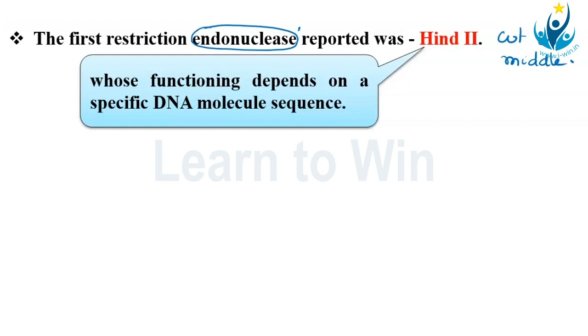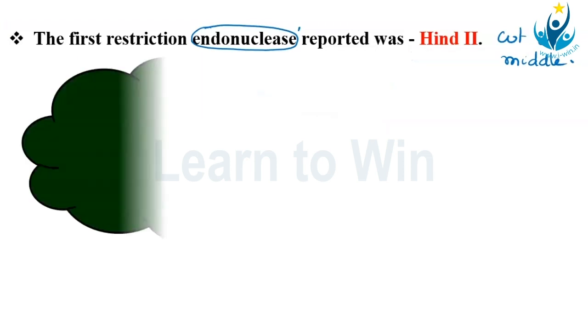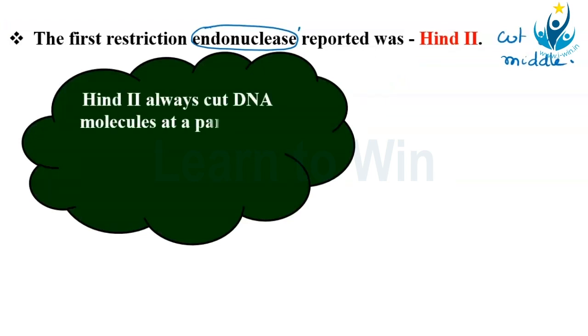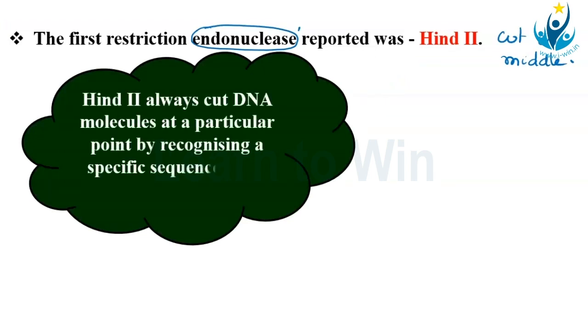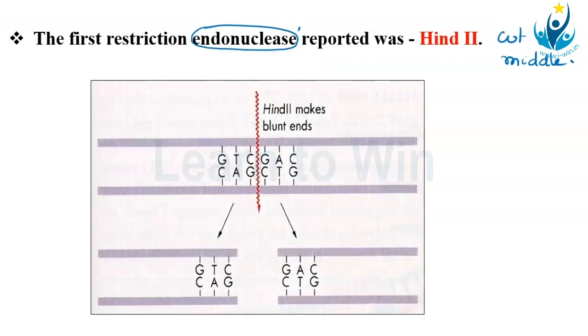And the first one isolated was Hind2. Now, this Hind2 always cuts the DNA at particular recognition sites. Specifically, it recognizes a sequence of 6 base pairs. It is not just cutting everywhere. It will not go onto the DNA and dance here and there, cutting wherever it feels like. No, it doesn't do that.